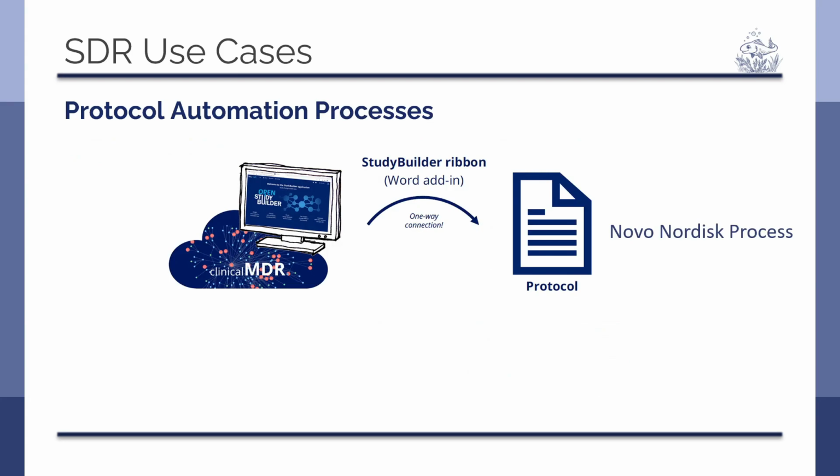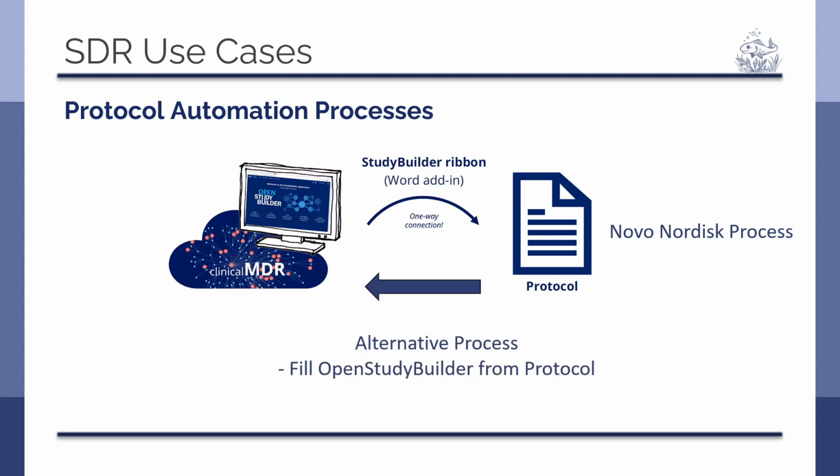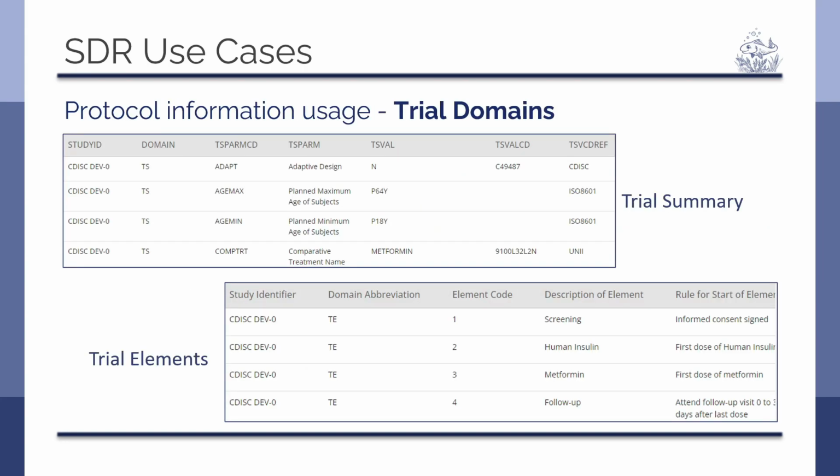So this is the Novo Nordisk way. We enter all protocol information into the OpenStudyBuilder tool, and then we just auto-generate the protocol. You could, for example, also do it vice versa. So you have your protocol as a basis and then include all information somehow into the OpenStudyBuilder via an automated process. This is not available, but if you would need such a thing, this is what you could do.